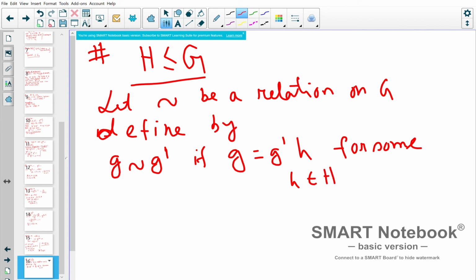I am saying that two elements are related if one can be written as the product of the other element with an element of the subgroup H.